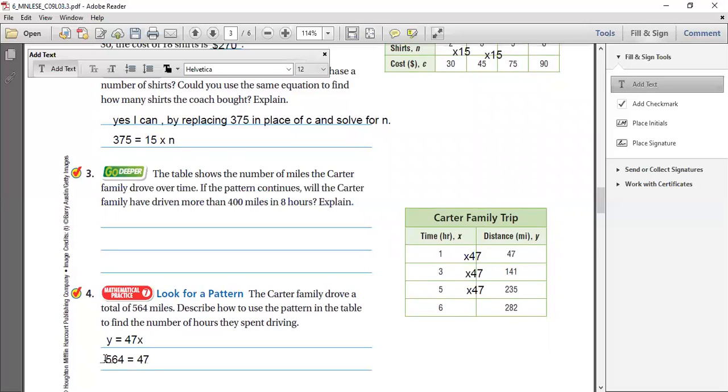How many hours did they drive for? You have to find out 47 multiplied by what gives you 464. So of course, to find out 47 multiplied by what gives you 464, you have to divide, but I cannot show you here to divide, so I will show you by multiplication. How much is 47 multiplied by 10? It's 470. How much is 47 multiplied by 11?